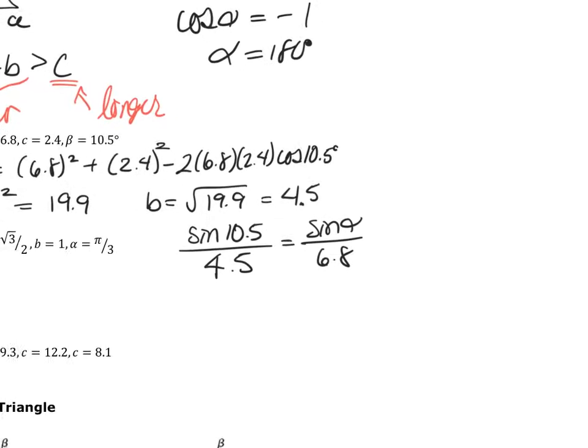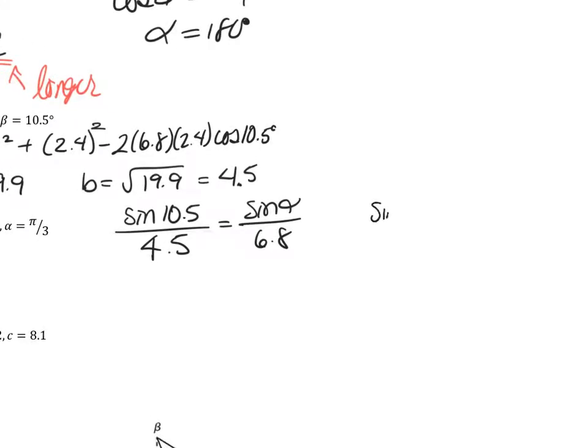So what I'll put in my calculator is the sine inverse of the sine of 10.5 degrees, divided by 4.5, and that's going to give me my alpha.